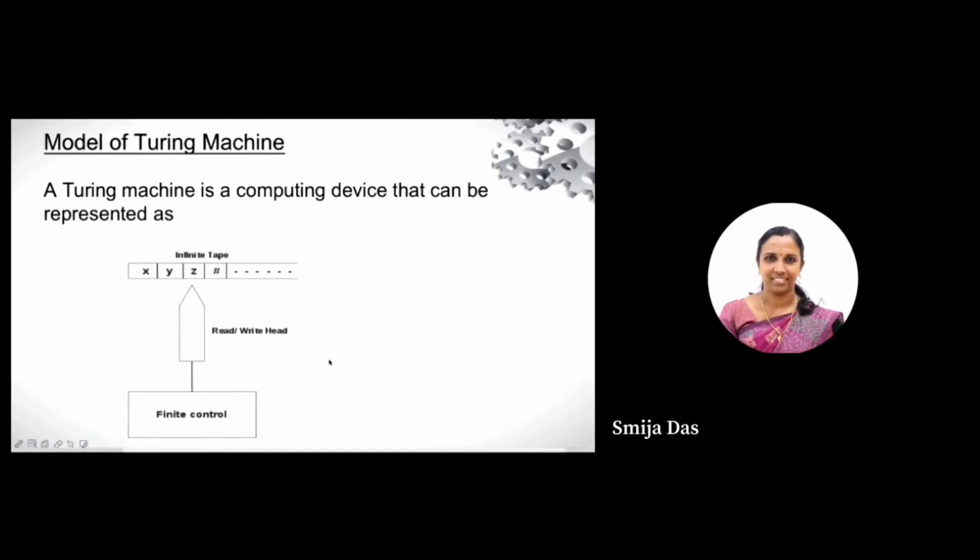Now we can see the data structure of Turing machine. The important data structure used in Turing machine is the infinite tape and a finite control along with a read-write head.